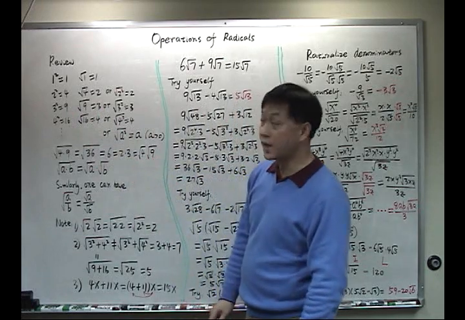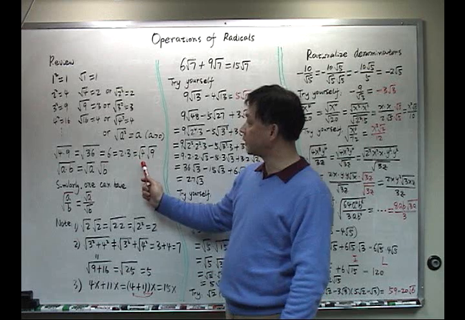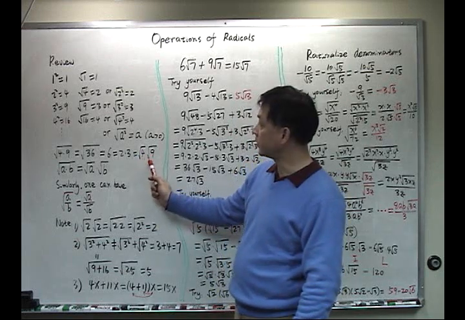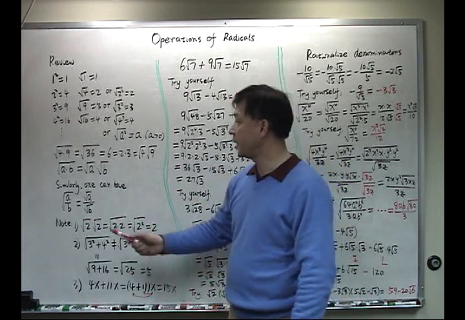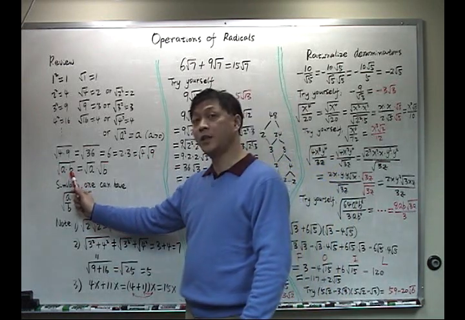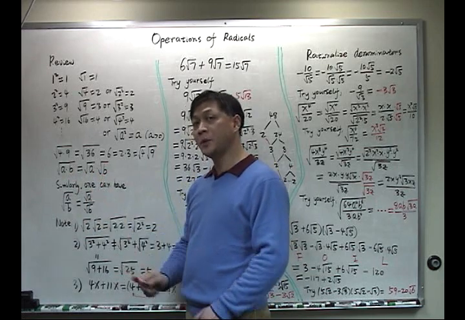This tells us that radical 4 times 9 equals radical 4 times radical 9. In general, radical a times b equals radical a times radical b.